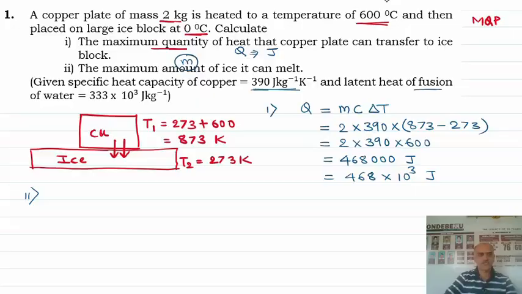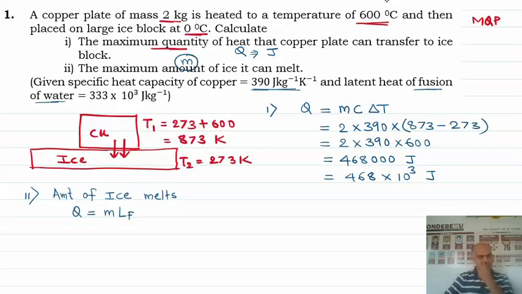Latent heat of fusion is given. Until all the ice melts into water, there will be no rise in temperature. The units of latent heat are joule per kg. The formula is similar to the first part, but here there is no temperature difference, so we take just M into L. So the amount of ice that melts: Q is equal to mass into latent heat of fusion. Specific heat is replaced by latent heat.